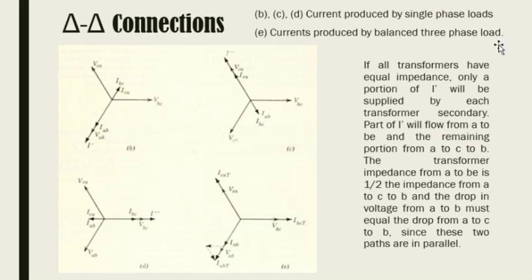Continuing from the prior, if all transformers have equal impedance, only a portion of I prime will be supplied by each transformer secondary. Part of I prime will flow from A to B, and the remaining portion from A to C to B. The transformer impedance from A to B is 1/2 of the impedance from A to C to B, and the drop in the voltage from A to B must equal the drop from A to C to B, since these two paths are parallel.